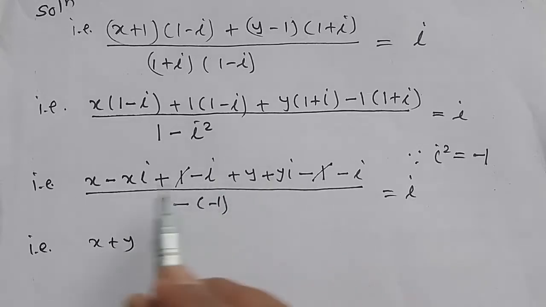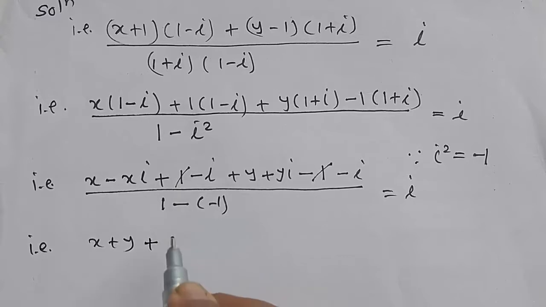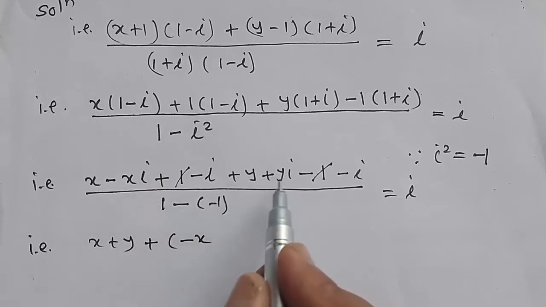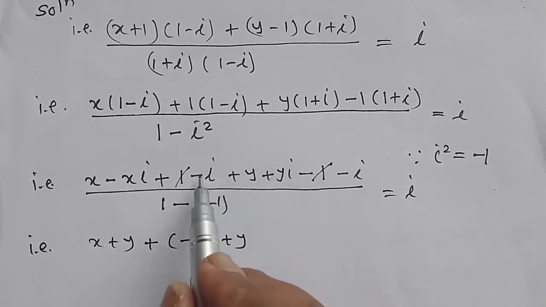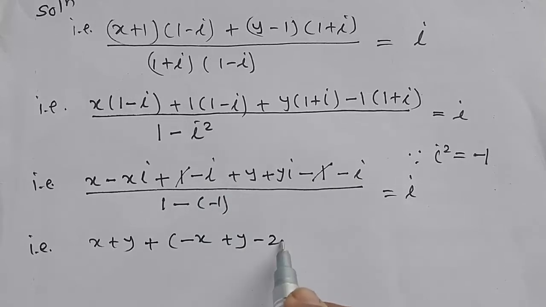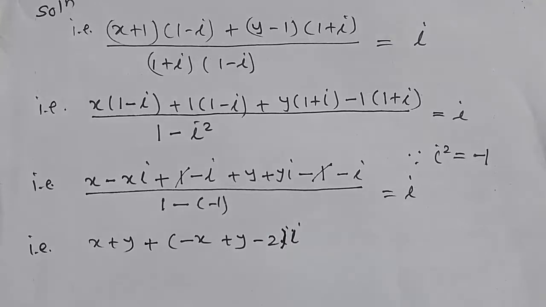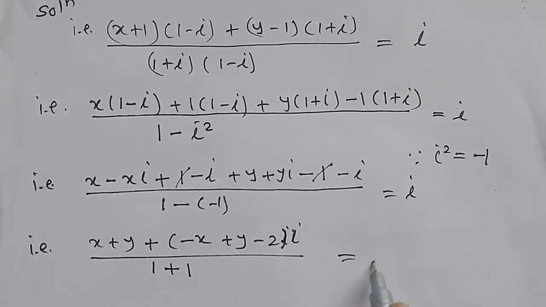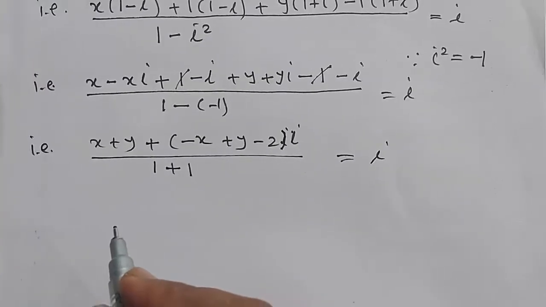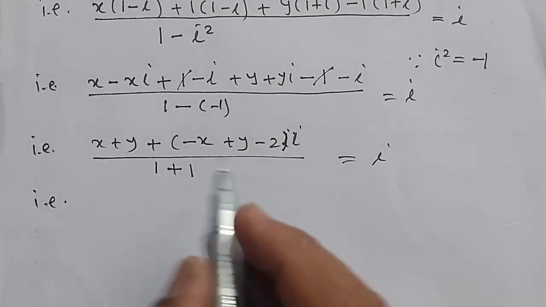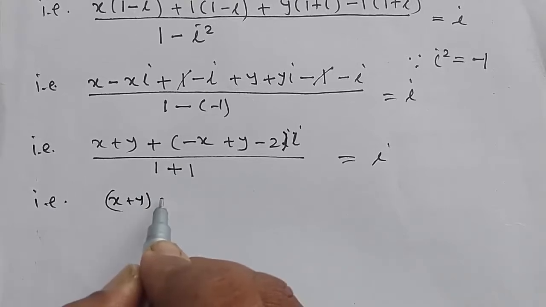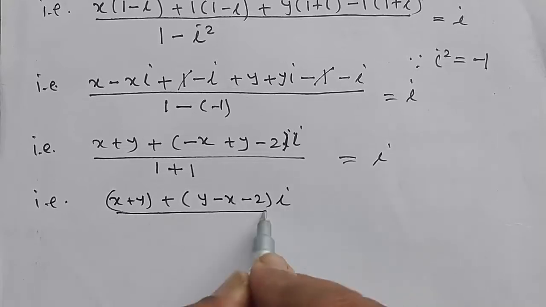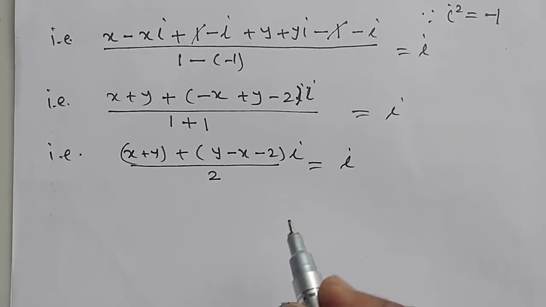All other terms are imaginary, so we take i common: -x into i, plus y, and -i plus i becomes 2i in total, so (y - x - 2)i, divided by 1 plus 1, which is 2, is equal to i.